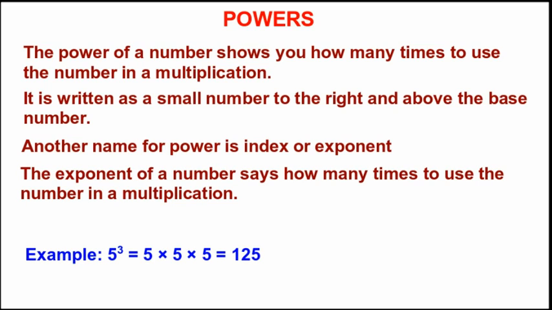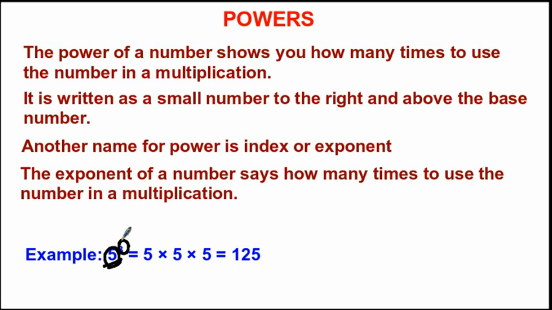For example, 5 to the power 3 is equal to 5 multiplied by 5 and multiplied by 5, 3 times, equal to 125. Here in this power you can see the base and the exponent.